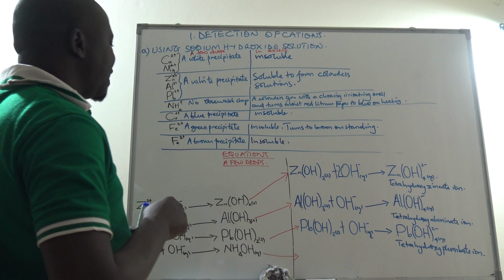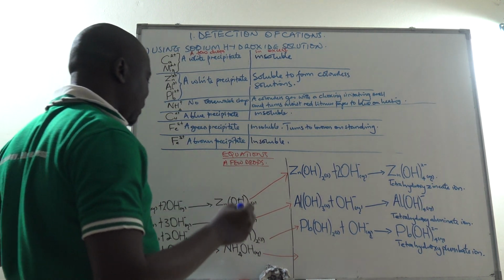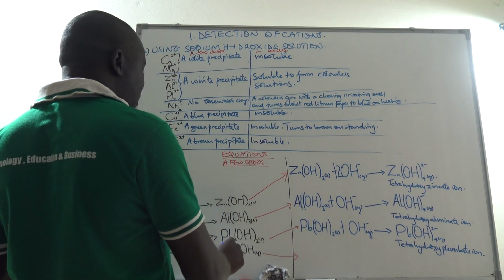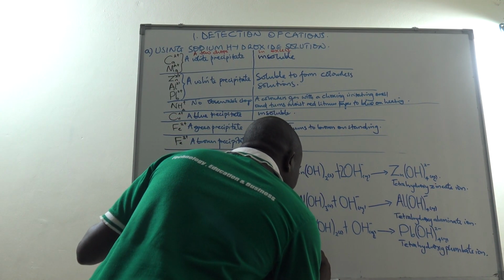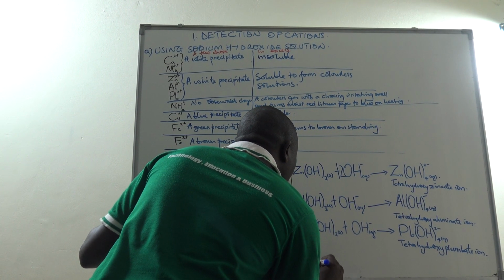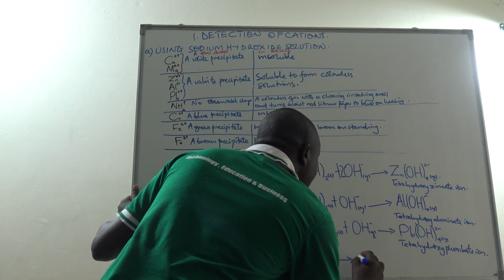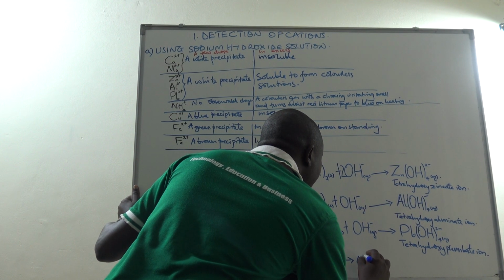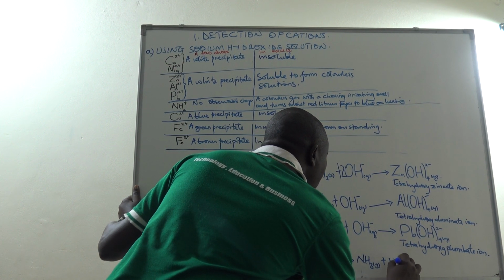The fact that it is a soluble hydroxide, it is an alkali. It is formed, yes, the colorless solution in the mixture is ammonium hydroxide, and then on heating, the ammonium hydroxide will also be decomposed by heat, and what we get is the ammonia gas, and we also get water.